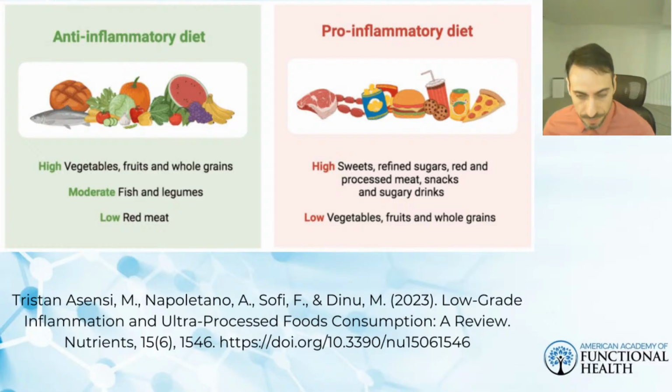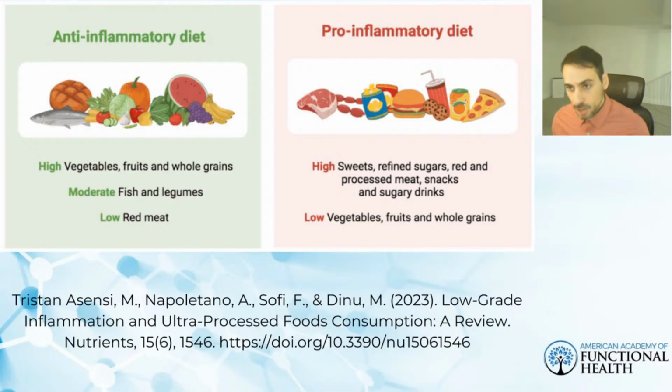So overall, a plant-based diet, or a diet high in vegetables, fruits, and whole grains, let's call it a Mediterranean diet, or a vegetarian diet, with moderate consumption of legumes and fish, and low consumption of red meat and processed food, is known to have an anti-inflammatory effect, right?